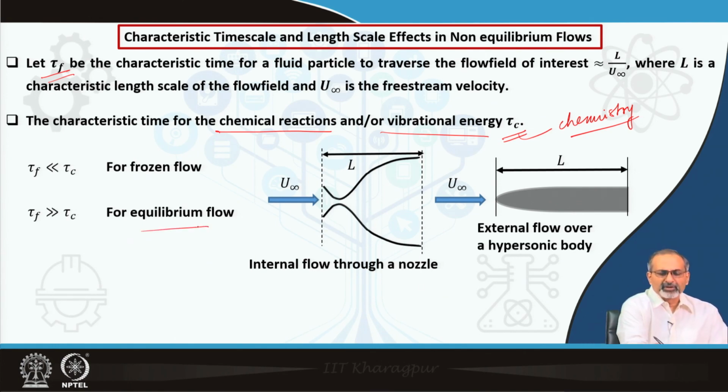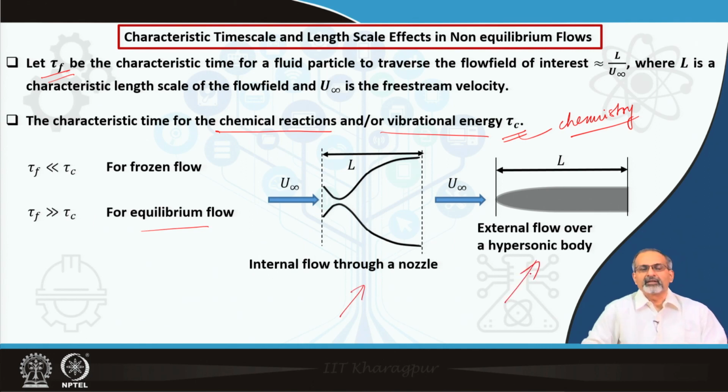While for equilibrium flow, it is exactly the other way around. The flow time is way larger than the chemistry time, so to say, and we have shown in these two figures for internal and external flows how these length scales and velocities would matter for different situations where you have a very high speed flow.